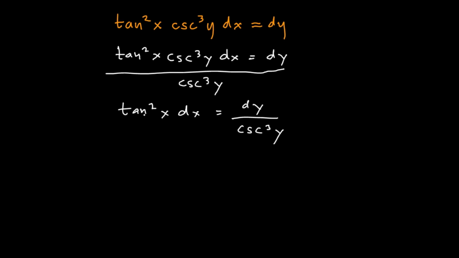Okay. And then, dito, para ma-integrate natin sila, gagamit tayo ng identities. So, mayroon tayong identity na 1 plus tangent squared x equals secant squared x. So, kapag sinolve natin yung value ng tangent squared x dito, ang mangyayari, we have tangent squared x equals secant squared x minus 1.